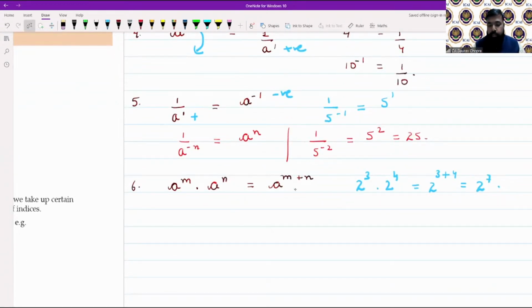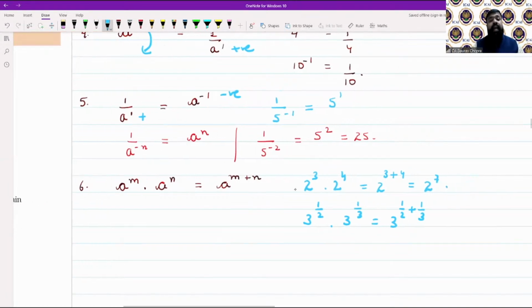Then one more example. If we are having, let's say, 3 to the power of 1 by 2 multiplied by 3 to the power of 1 by 3. Now how to add? Simply write the number 3 and add the powers. So 1 by 2 plus 1 by 3.